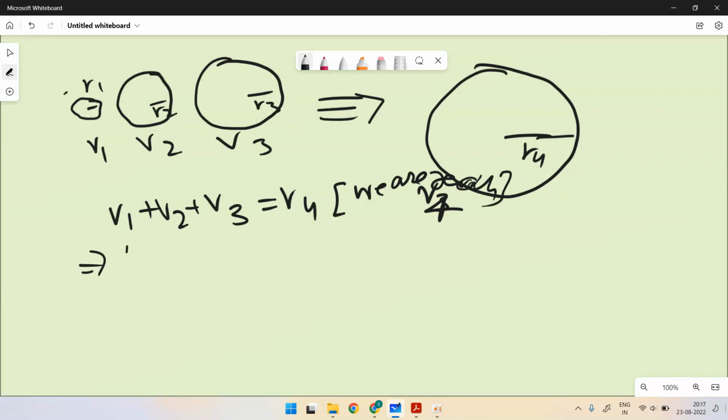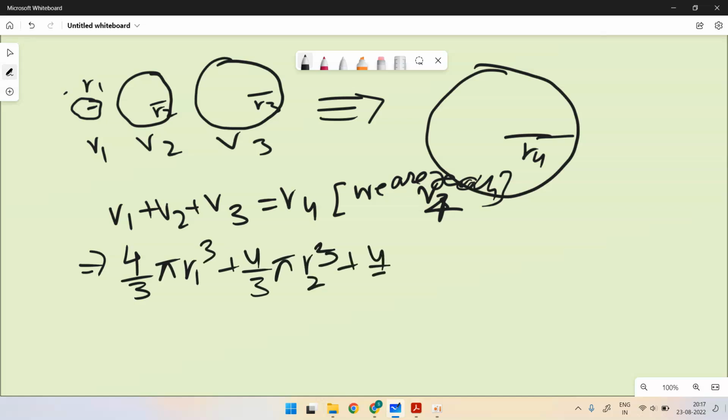So what is volume? 4 by 3 pi r1 cube plus 4 by 3 pi r2 cube plus 4 by 3 pi r3 cube equals 4 by 3 pi r4 cube.